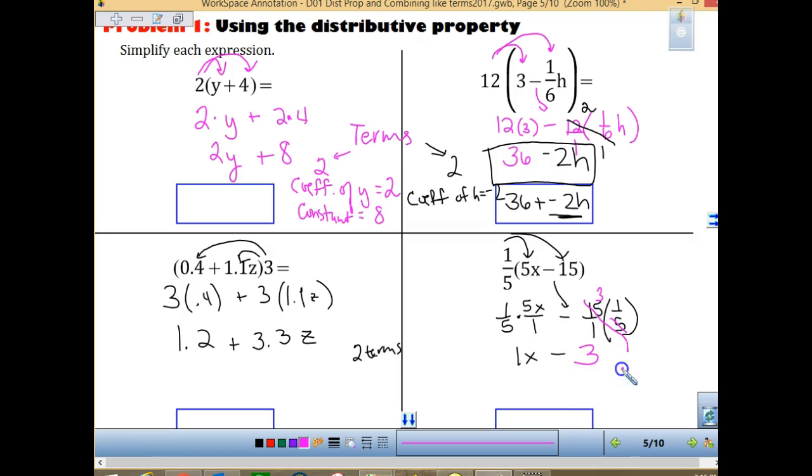Right? If I ask, what is my constant in this one? Lily, what's my constant in this answer? 3. So sometimes people, like I said earlier, change that subtraction so that you see 1x plus -3, so the constant should be -3, okay?